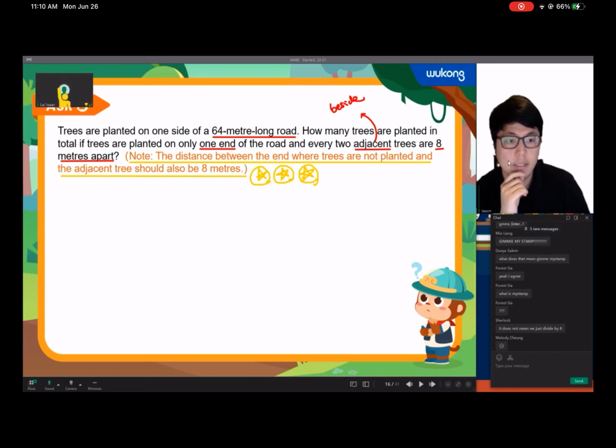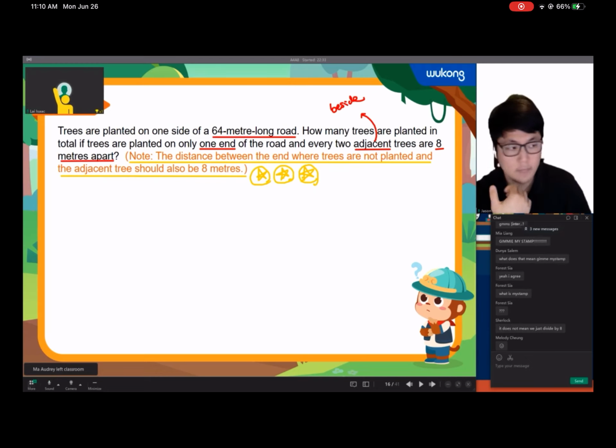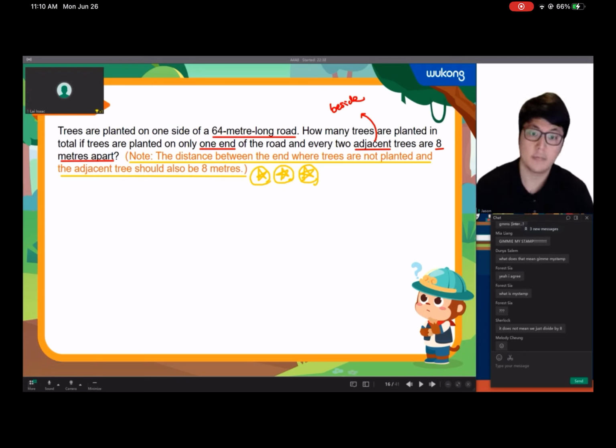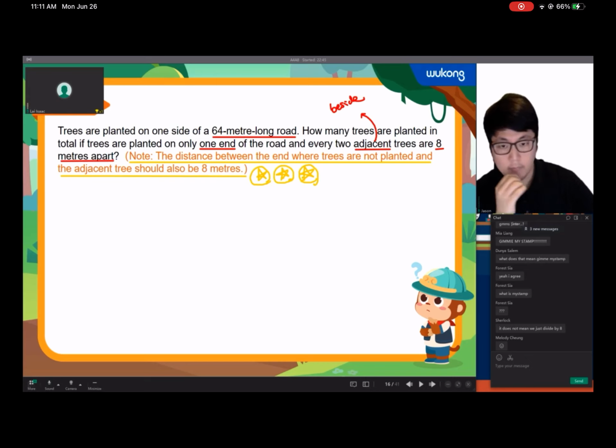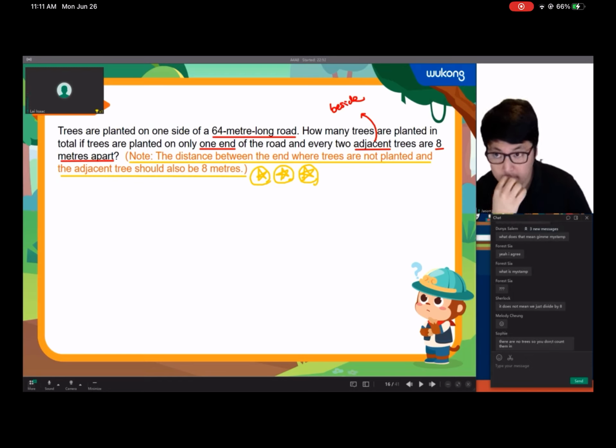So, Isaac, do you have an idea? I think the note is important because it says the distance between the end where trees were not planted and the adjacent tree should also be 8 meters.